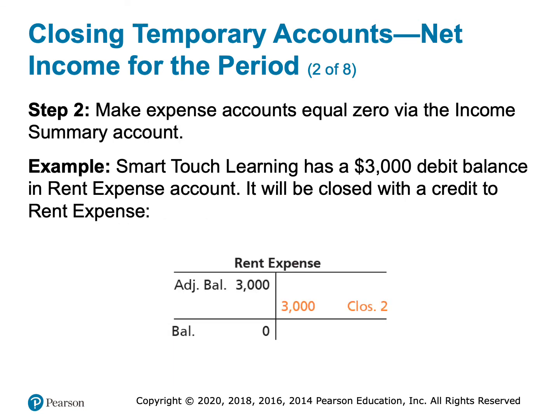Now the next thing I need to do is zero out all of my expense accounts. So I had a bunch of expense accounts, but if you're looking at that adjusted trial balance, remember they all have debit balances. But if I want to close them out, then I need to credit them, to zero them out. So I'm going to do a journal entry where I credit each and every one of those expense accounts, to zero every single one of them out, and then I'm going to debit income summary for the total.